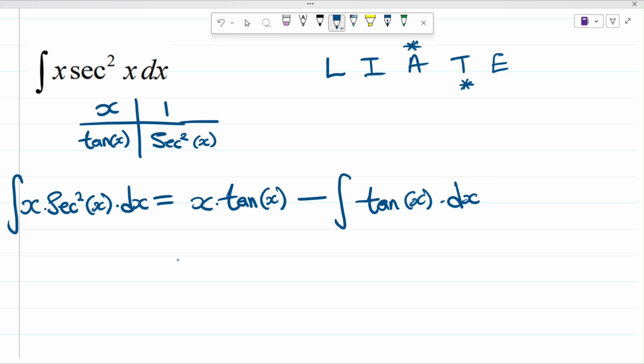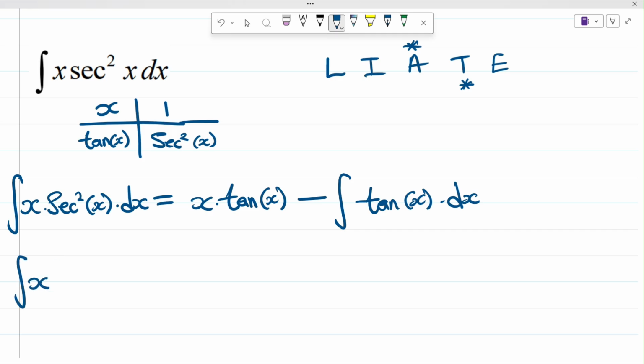And then after that, we just need to integrate. We know that when we integrate tan x, it becomes ln of sec x, right? So I'm going to copy the same thing here.